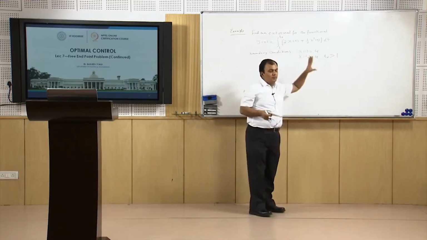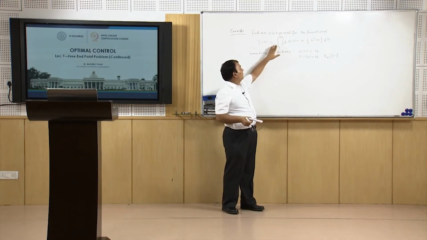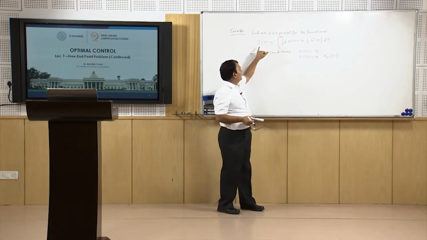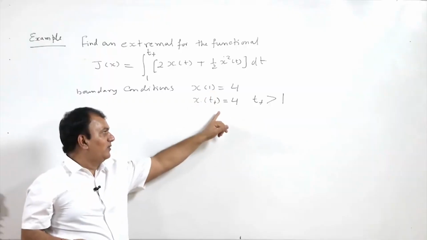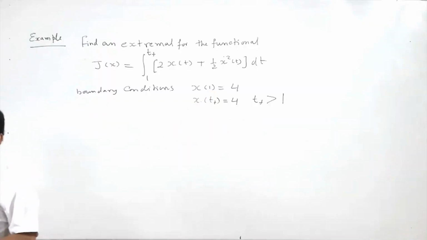So, this is my problem statement. We have to find the extremal of the given functional J(x) with boundary conditions x(1) equal to 4, x(tf) equal to 4.